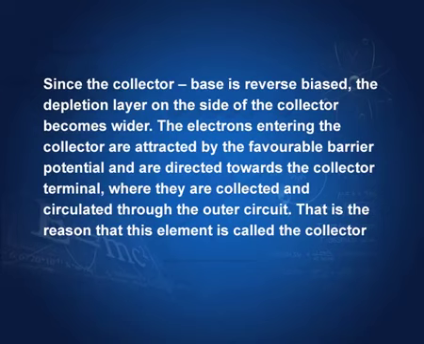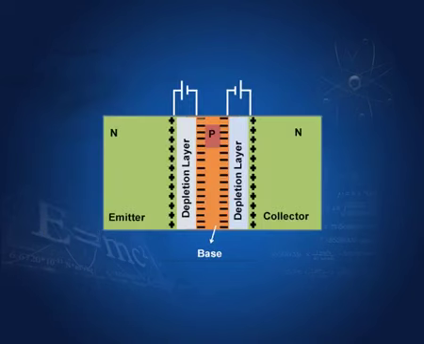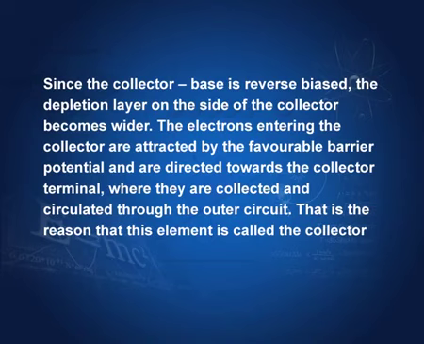Since the collector base is reverse biased, the depletion layer on the side of the collector becomes wider.